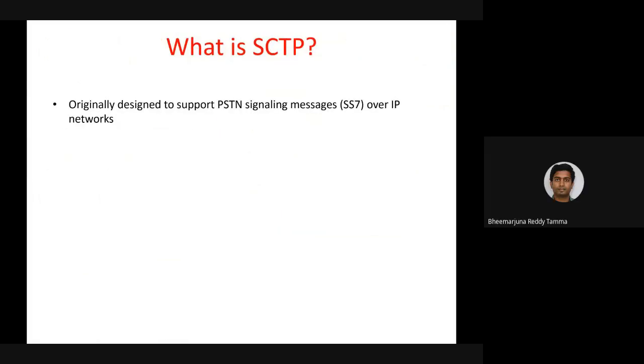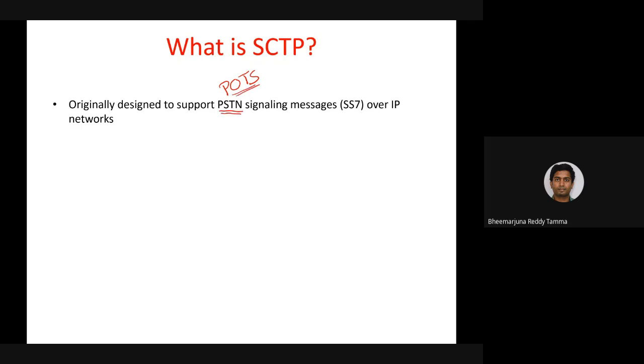So initially, we had the PSTN, which is also called POTS, the plain old telephony system. If you have copper-based telephony lines at your homes, that is called the PSTN.